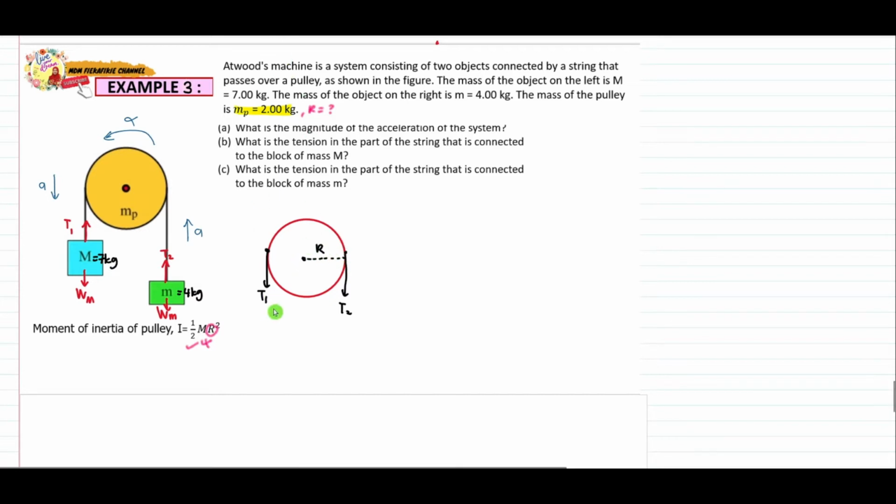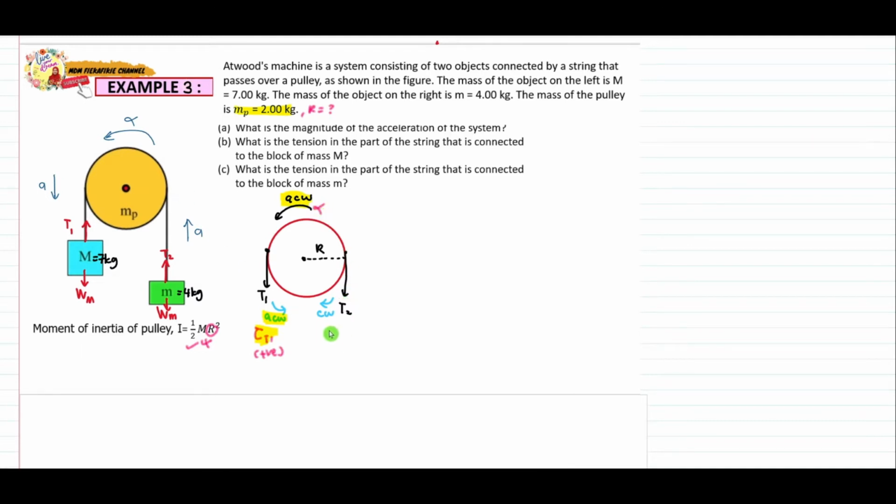So the direction of torque for T1 is in this direction, which is anti-clockwise. And for T2, the torque is clockwise. Since we already know that the pulley will rotate in anti-clockwise direction, therefore torque for T1 should be positive, since the direction of torque T1 is the same as the direction of alpha here.